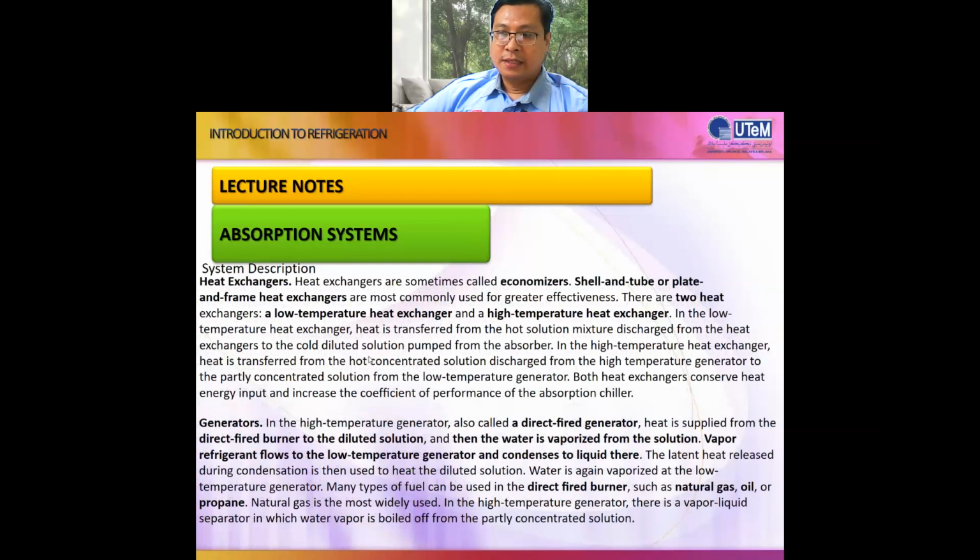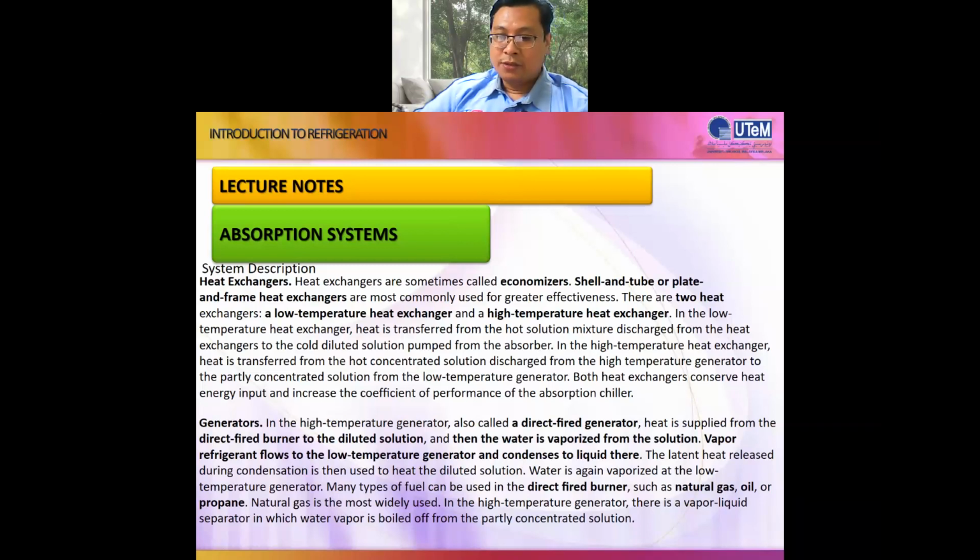Okay, the heat exchanger we use in the absorption system. Heat exchangers are sometimes called economizers. Shell and tube or plate and frame heat exchangers are most commonly used for greater effectiveness. There are two heat exchangers, a low temperature heat exchanger and a high temperature heat exchanger.